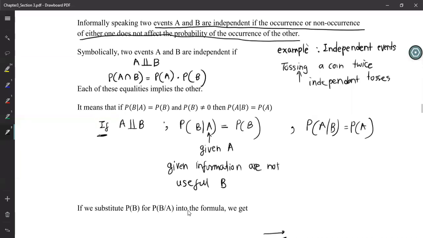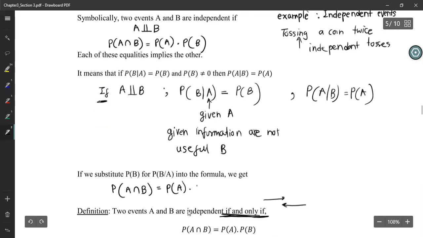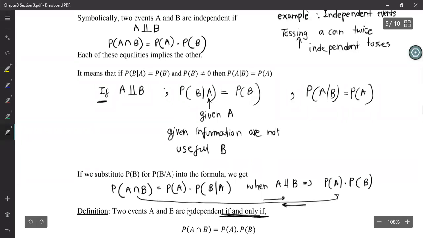Can you remember the multiplication rule? What was A given B? P(A) times P(B given A). Now, what will happen when A and B are independent? What will happen to B given A? It is simply P(B). See? So you get A intersection B is their multiplication.